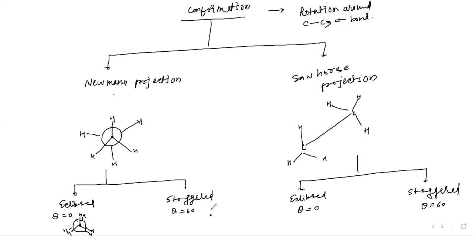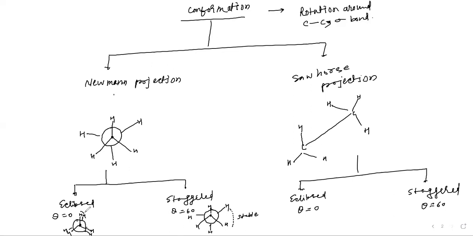Now you go for the staggered. If you are making the staggered conformation, you will find that the hydrogen atoms of both carbons are far away from each other. They are at 60 degrees. So repulsion is less. Less repulsion is going to be stable.